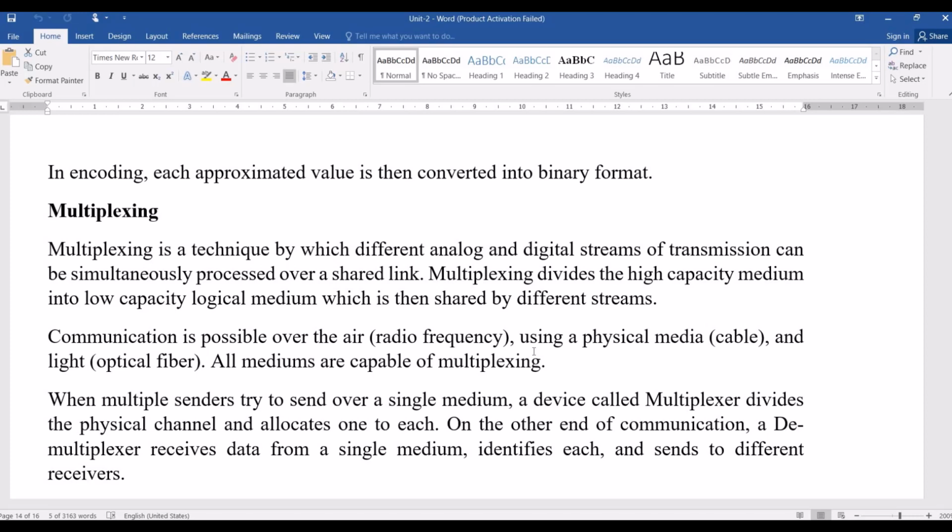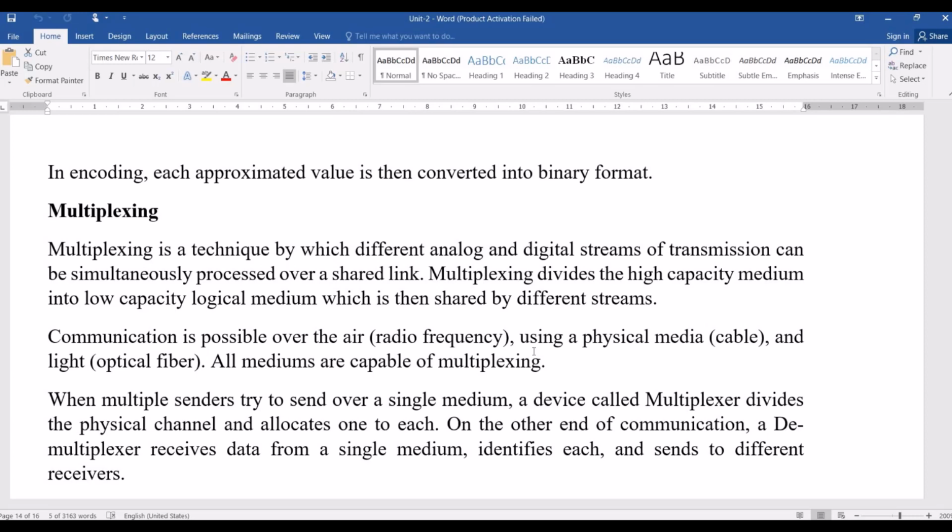Communication is possible over air, radio frequency, and physical media like cables and optical light. All mediums are capable of multiplexing. So whether it is frequency, cable, or optical fiber, it can be implemented using multiplexing. When multiple senders try to send over a single medium, the device is called a multiplexer.